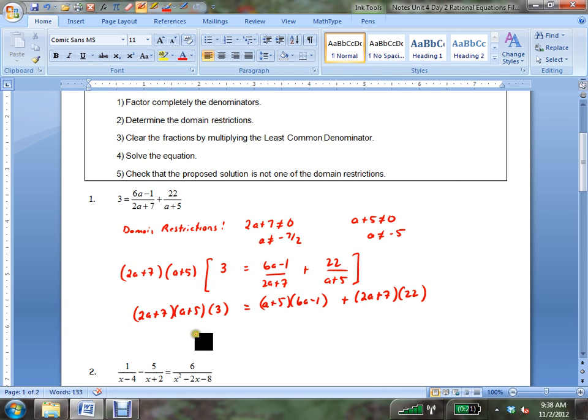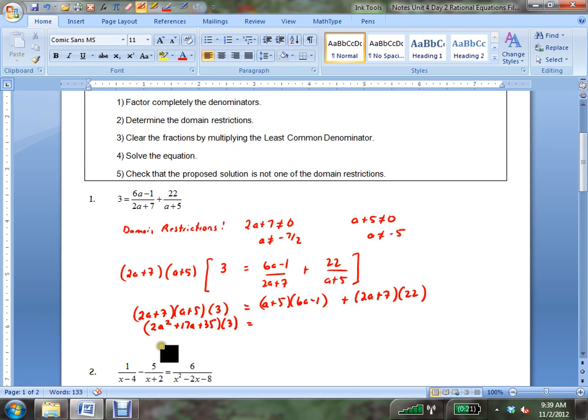Now we've got to do some multiplication. So let's see, first I will multiply these two binomials together. I'll FOIL. I get 2a squared plus 10a plus 7a is plus 17a plus 35, and then that is all still multiplied by 3.